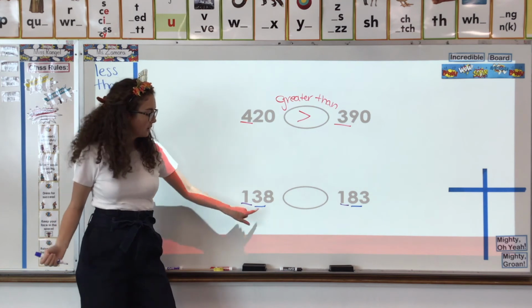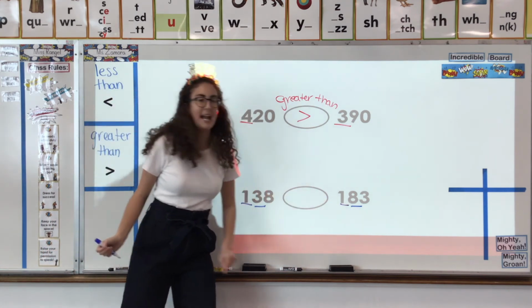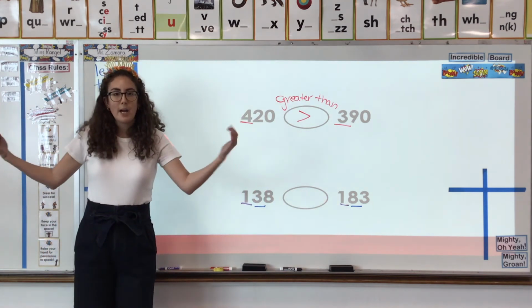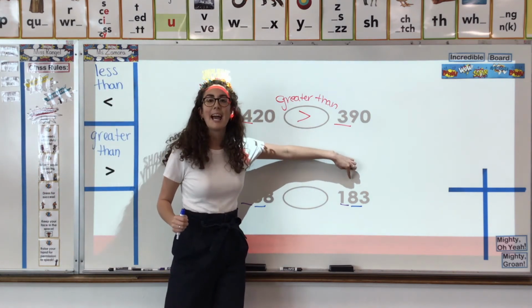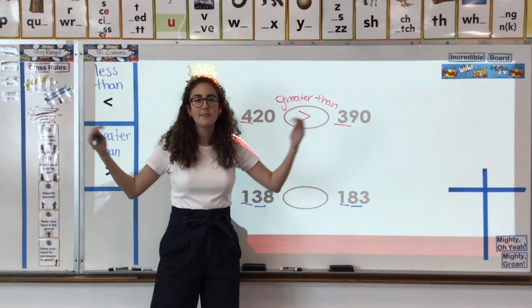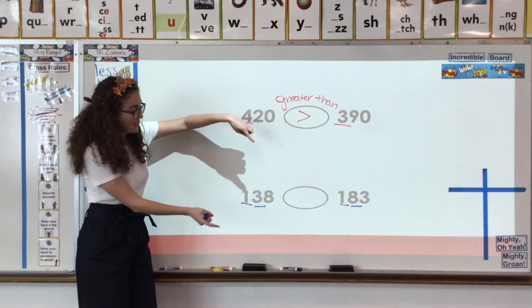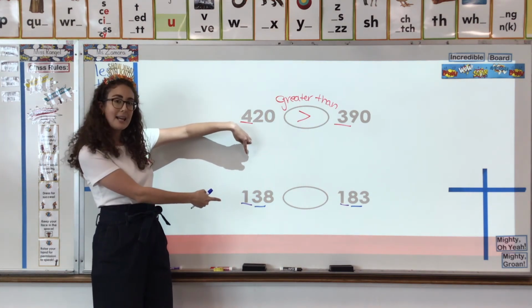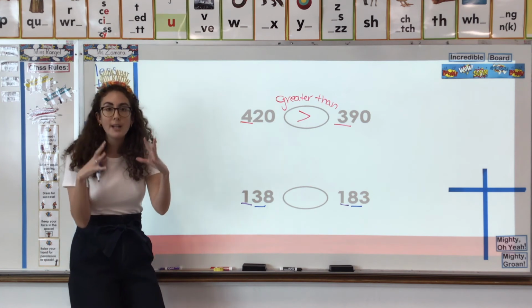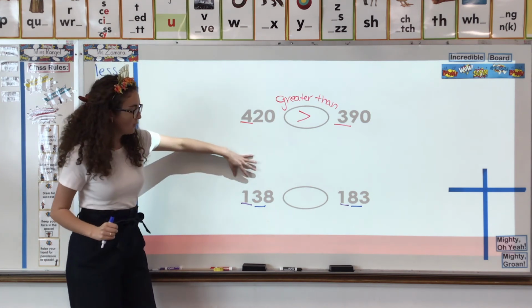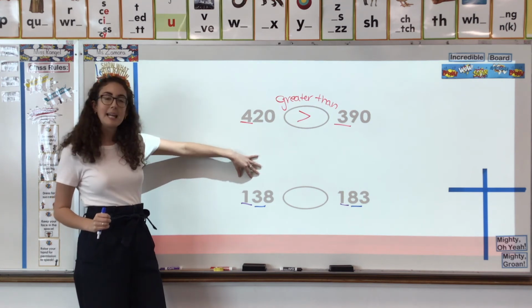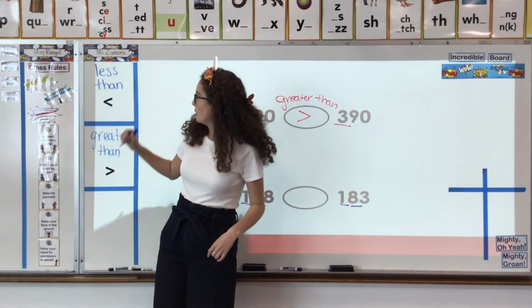What is more? 3 tens or 8 tens? Which one's bigger? 8 tens. 8 tens has more value. So that means 138 is the smaller number because it has less tens. So if we know 138 is smaller, what would we say?